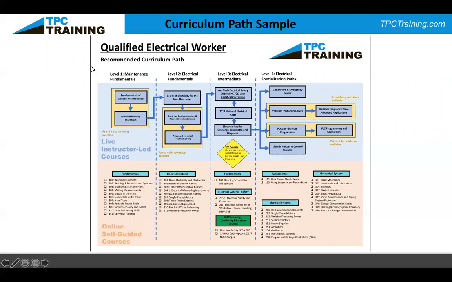So you can say they reach level 1 by taking these 2 classroom courses right here, fundamentals of general maintenance and troubleshooting essentials. And then they're getting the basics of what it takes to be a maintenance technician. And then they can take these self-guided online modules to reinforce that. And then once they're there, they get past level 1 and they move on to level 2, for instance, where they're getting basics of electricity and they're doing electrical troubleshooting with meters and advanced electrical troubleshooting, right?